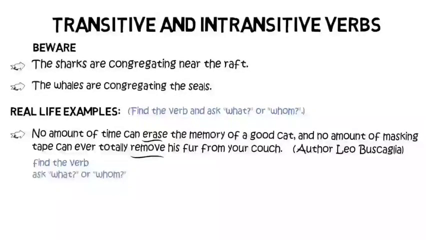So if you ask what and whom, you will get the answer: erase and remove. So what to erase, or what or whom to remove? If you get an object, that means it is a transitive verb.